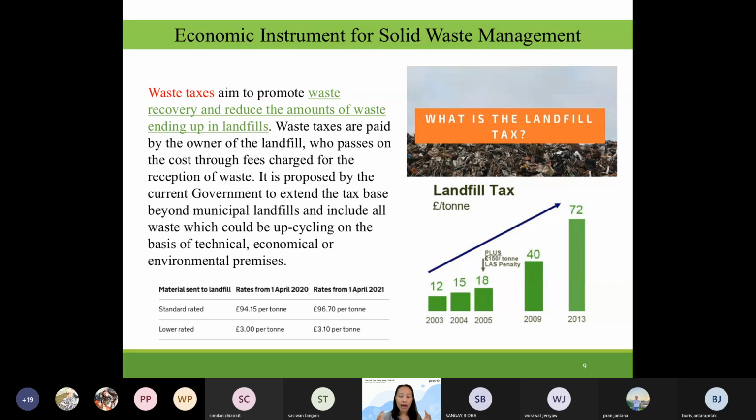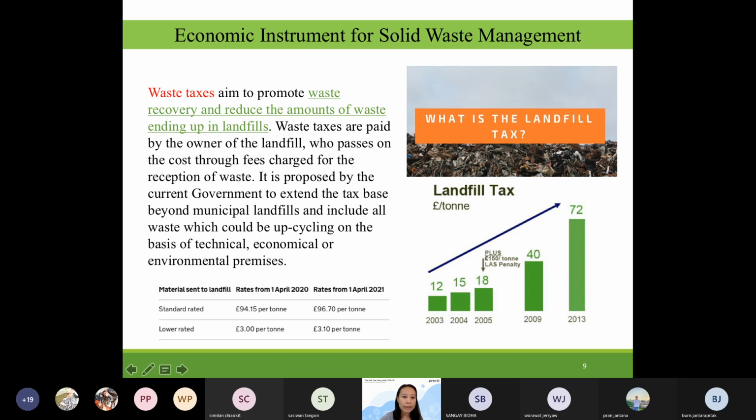If you transfer 100 kilograms to the landfill, maybe you have to pay the full rate, 100 percent of the tax, right? But if you can reduce the amount of waste and transfer only 50 percent to landfill, maybe you reduce the landfill tax cost by 50 percent also.